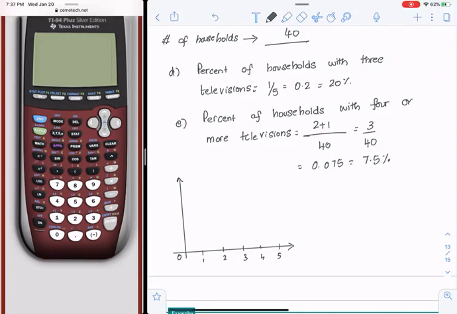That would be the number of televisions. Y-axis is the frequency.